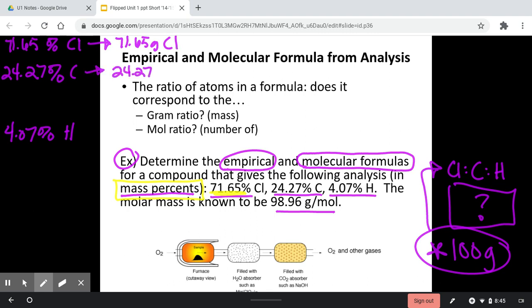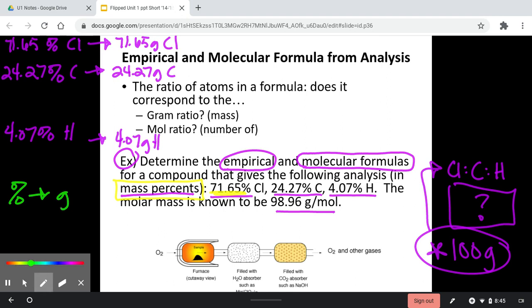I'm going to say that for every 100 grams of the sample, 71.65 grams of those are chlorine, 24.27 grams of those are carbon, and then 4.07 grams of those are hydrogen.